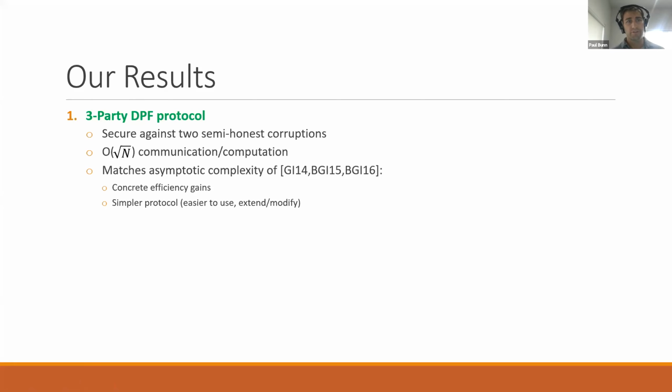The best known results for DPF are root N communication, and our results asymptotically match this, but we have some concrete efficiency gains if you look at the constants, and also the protocol is simpler to use. This will become relevant, and we'll have a demonstration of this in our next result.